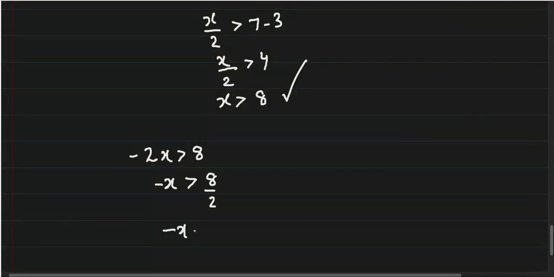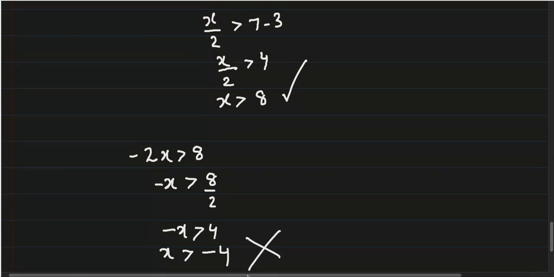Negative x is greater than 4. So here you can't find the value of negative x. So what you can do, you multiply both the sides by a negative sign and minus into minus becomes plus, x is greater than, this becomes negative 4, right? So our answer should be x is greater than negative 4.